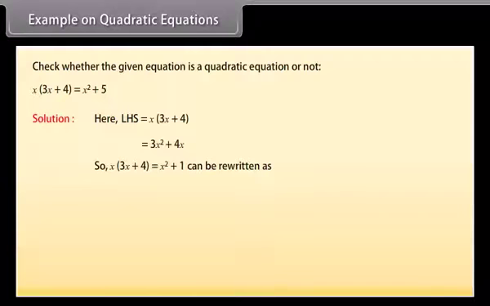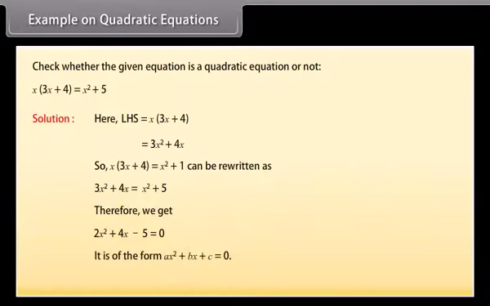So, x into 3x plus 4 equals x square plus 5 can be written as 3x square plus 4x is equal to x square plus 5. Therefore, we get 2x square plus 4x minus 5 is equal to 0. It is of the form ax square plus bx plus c is equal to 0. So, the given equation is a quadratic equation.